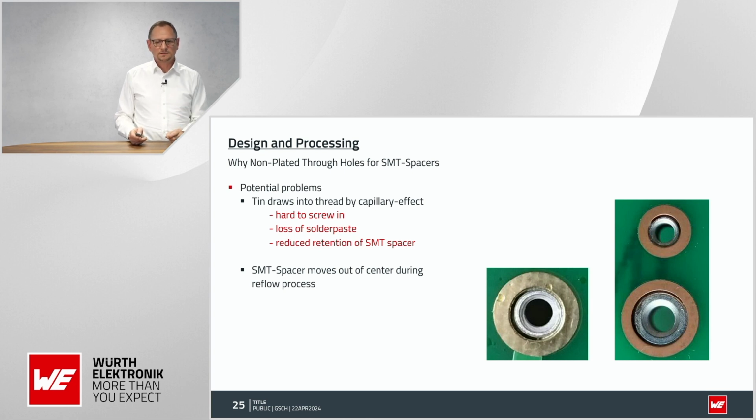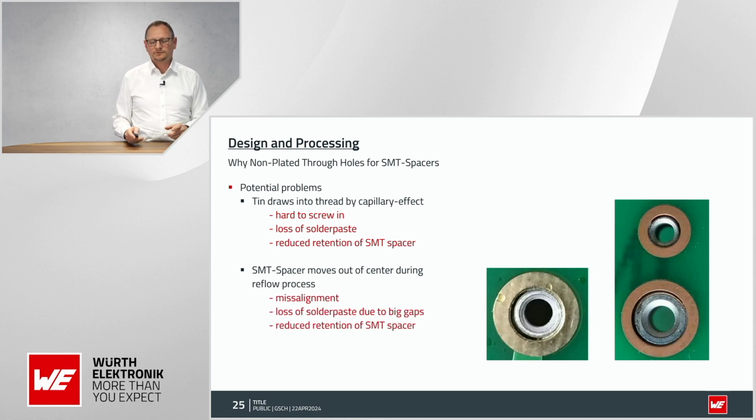So it could occur that the component would be drawn outside of the center, and you can see here on the dark side of the moon, you can call it, there is a gap between the component and the PCB. Means there is no solder, there is no strength. But what is even harder is that you achieve a misalignment, and if you have more than one of the SMT spacers on a PCB and you have a top PCB, the holes at the end should fit.